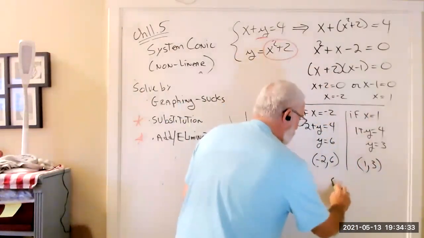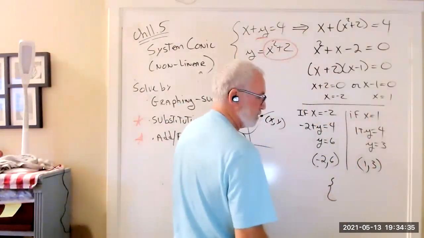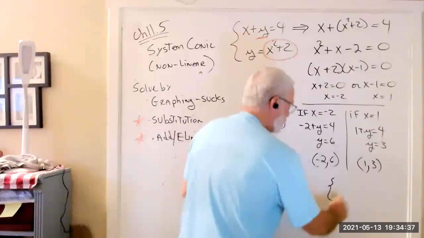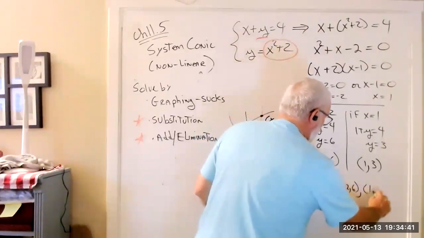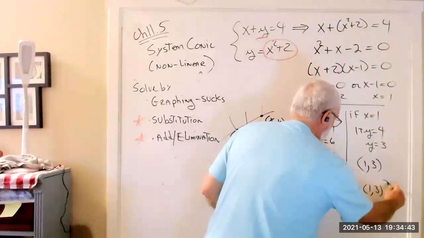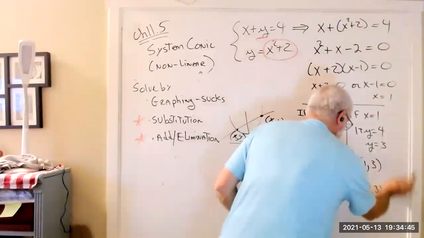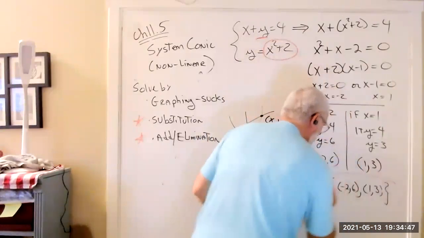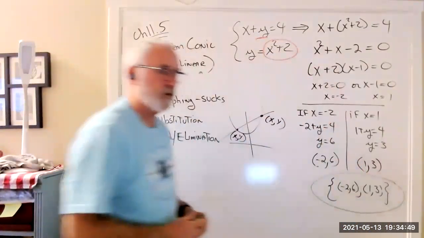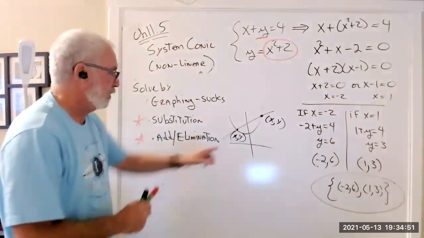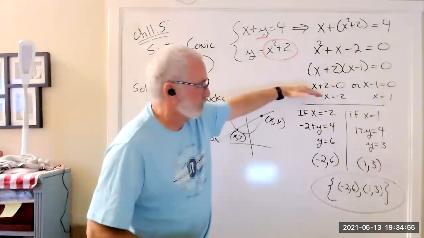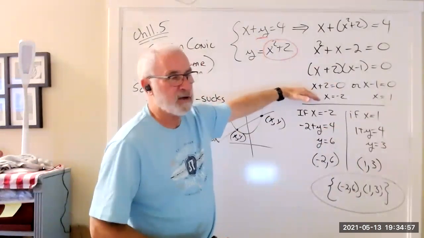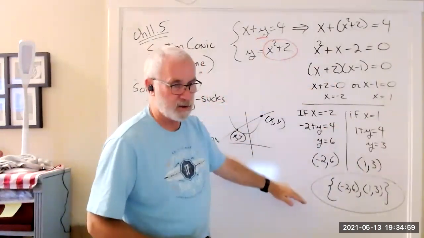So my solution set says it intersects at negative 2, 6 and at 1, 3. That is my answer. It's the ordered pairs where they intersect. Not just the X's, but we also have to figure out what the Y's are.